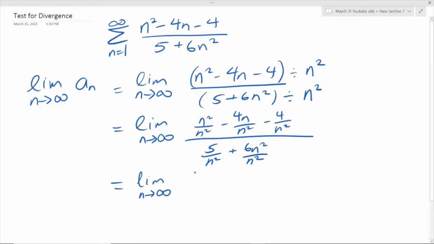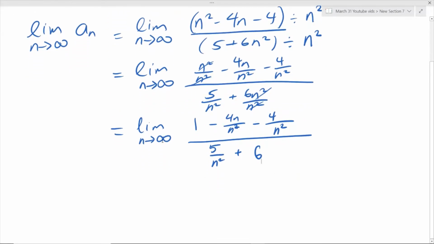So we're going to write 1 right here, and minus 4 over n squared, all over 5 over n squared, plus this cancels out, just like we did here. So this is just going to be 6.